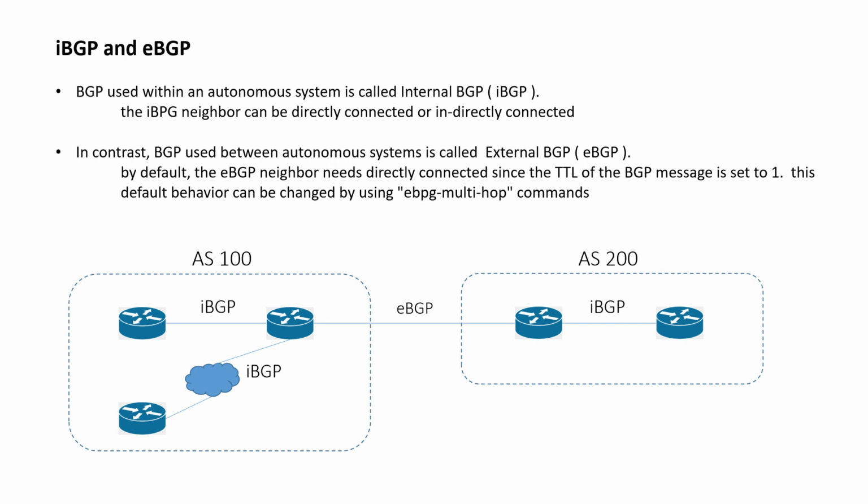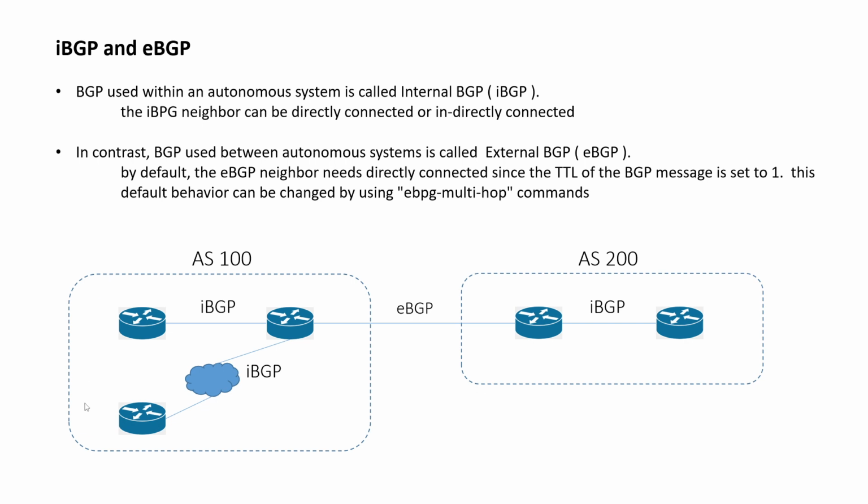By default, eBGP neighbors need to be directly connected, since the TTL of the BGP message is set to 1. So this message can only propagate one hop away. This default behavior can be changed by the user command eBGP multihop.